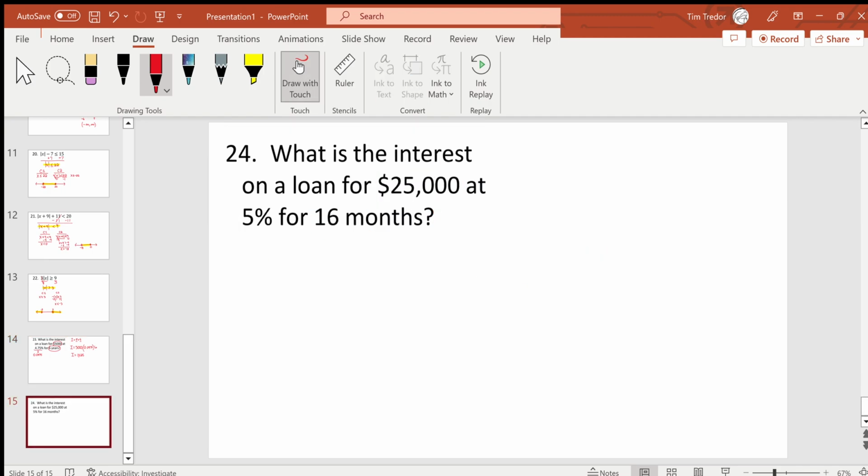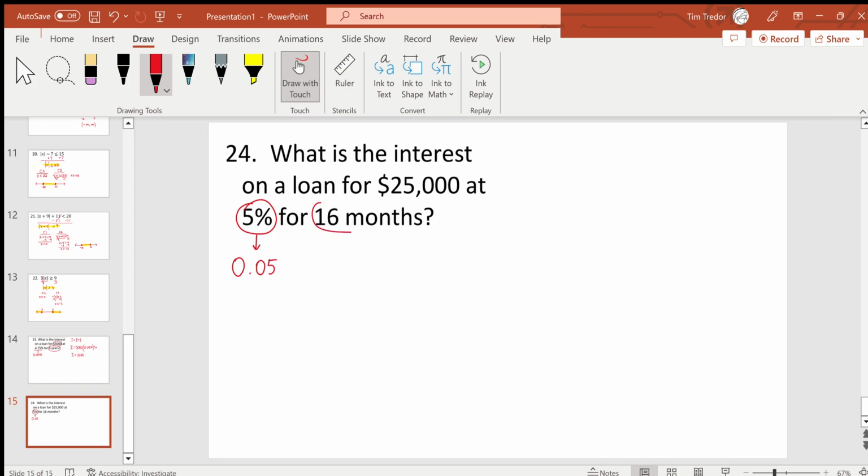All right, last question. What is the interest on a loan for $25,000 at 5% for 16 months? All right, so some work that we've got to do before I can just plug it into my formula. 5%, we've got to change that to a decimal. 16 months.